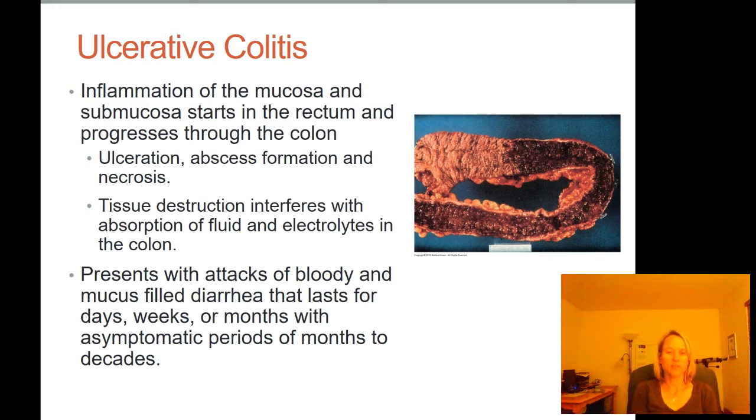And this is going to also interfere with the absorption of fluid, electrolyte, and foodstuff in the colon. So this is going to present with attacks of bloody and mucus-filled diarrhea. It's bloody because it's involving mainly that mucosal layer. Diarrhea that lasts for days, weeks, or months, and then we can have asymptomatic periods of up to months and decades.